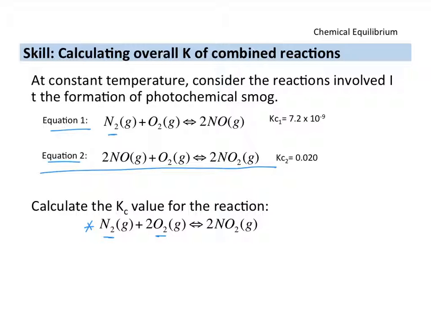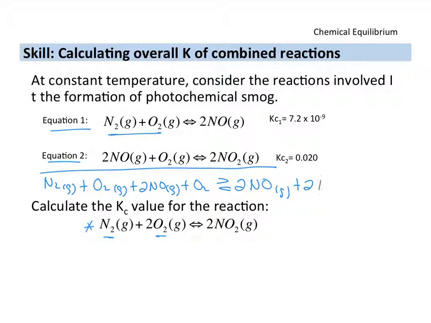I'm going to start with nitrogen in the gas phase, plus oxygen from the first reaction in the gas phase, plus 2 nitrogen monoxide plus oxygen, in equilibrium with 2 moles of nitrogen monoxide in the gas phase plus 2 nitrogen dioxide in the gas phase.